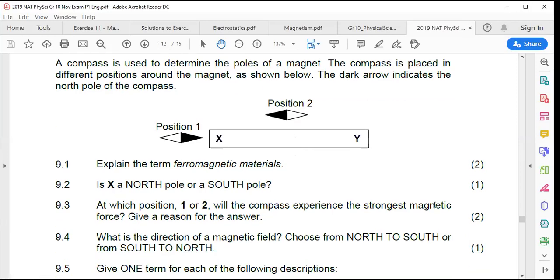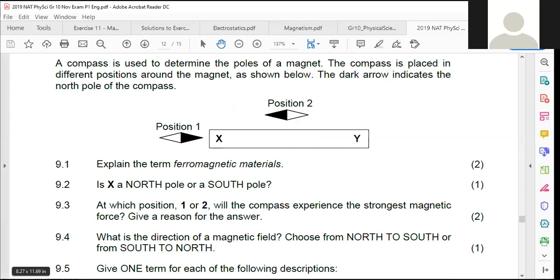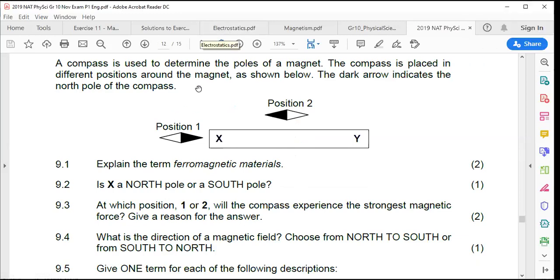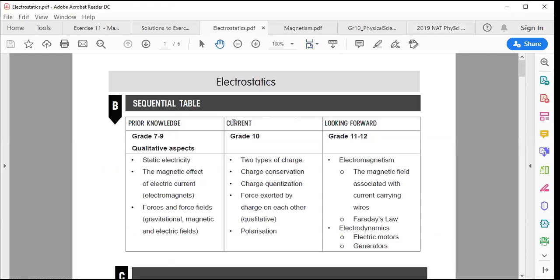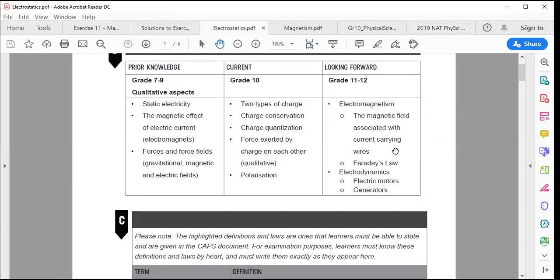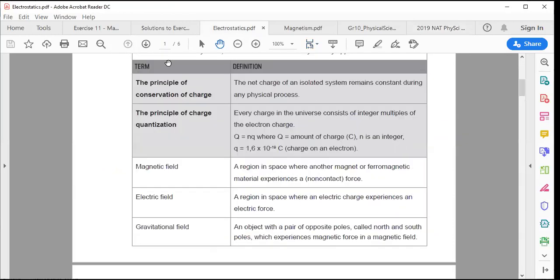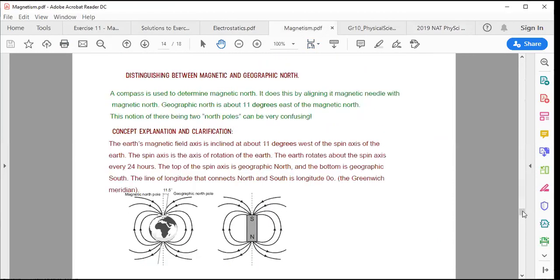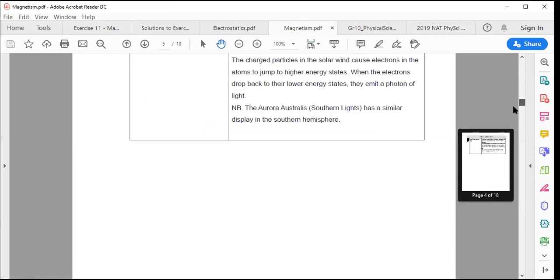2 marks. Explain the term ferromagnetic material. How do you explain this? Guys, anyone? Okay, if I just check on the definitions again.